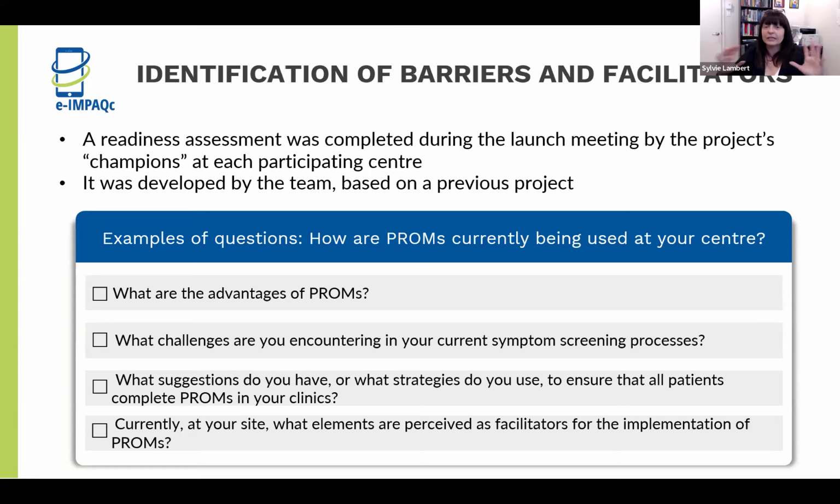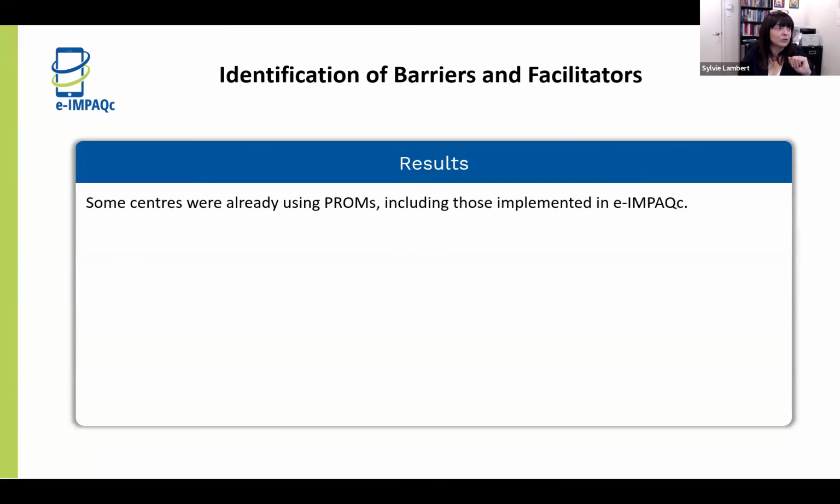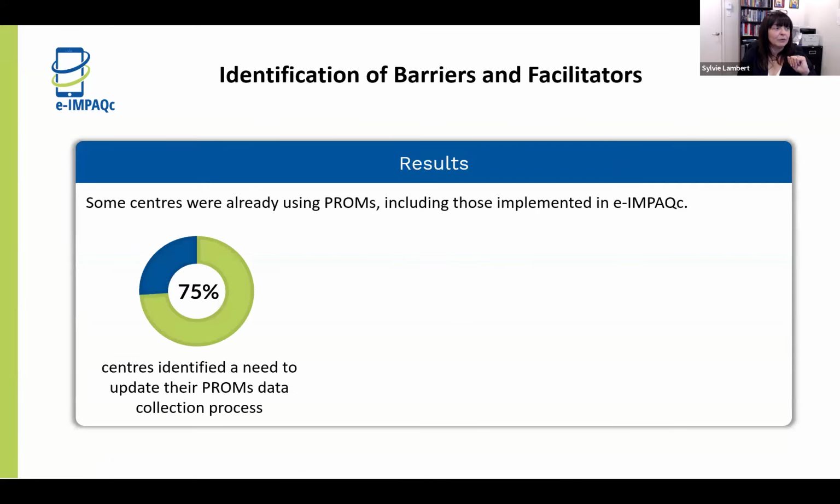So all represented from all 7 centers, we got together and we had a launch for e-impact, and we asked them to complete a barriers and facilitators survey that my team put together based on previous experience. What are the advantages of PROMS according to you? What are the challenges? And we thought it was a decent survey. And what we found is that some centers were already using PROM data.